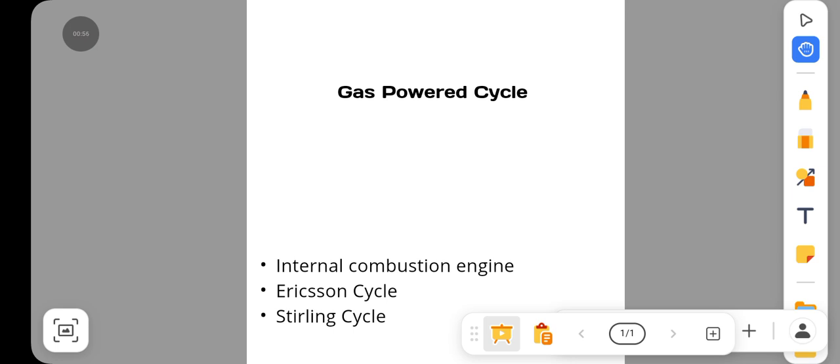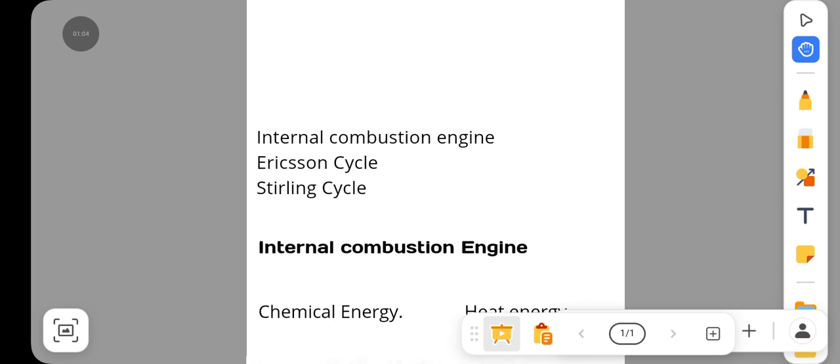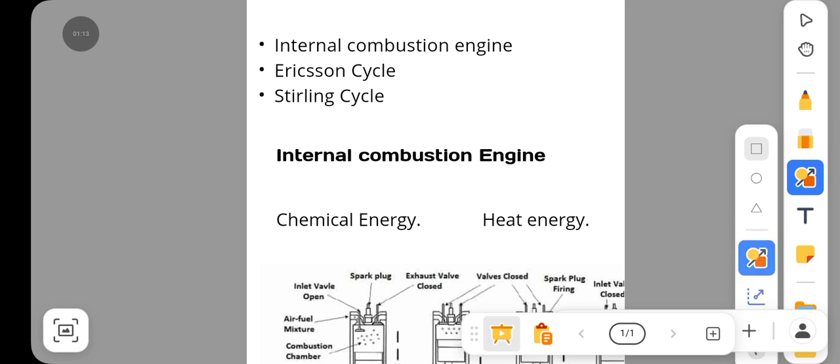An internal combustion engine is basically known to convert chemical energy into heat energy, which is then converted into mechanical energy.